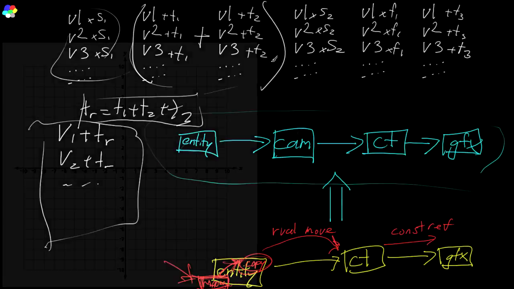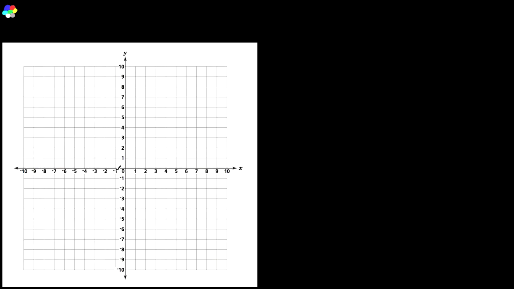So the reason why we can't just combine all our translations together is, well, let's take a simple example here. Let's say we have an operation that is translate into a scale into another translate. So if I've got a point, let's say I've got a square here, and I do a translation, I move it to here.